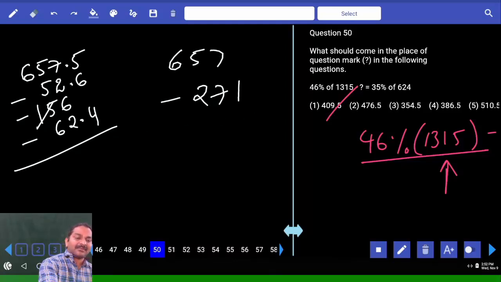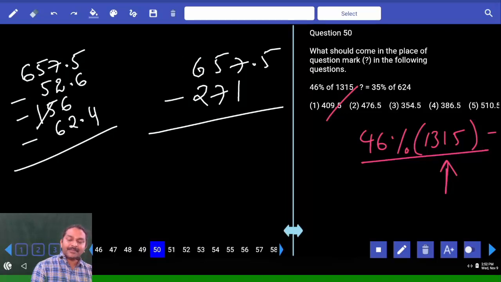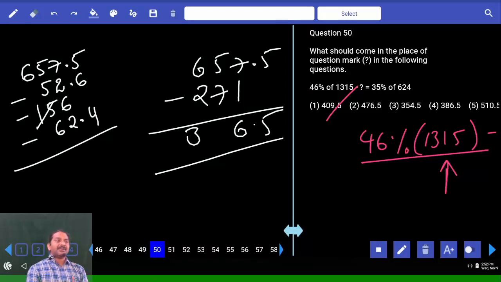Order has to be written correctly. 657.5. Yes. Answer should be in 300 something and should end with 6.5, and there is only 1.